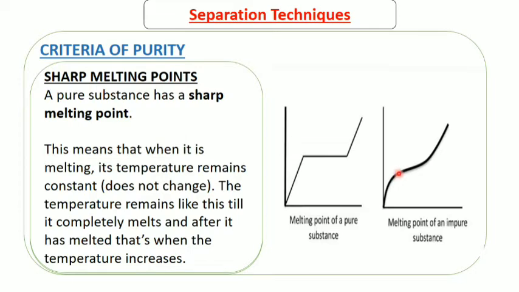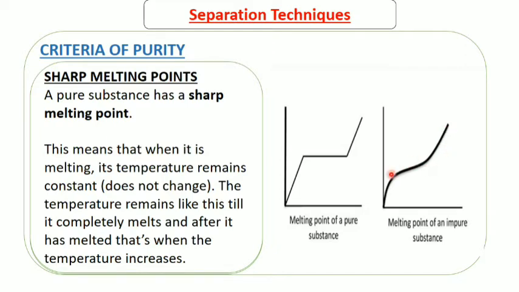As you keep on heating the substance, at a bit higher temperature, part of it is also going to melt, depending on the impurities. And again, as you keep on heating, much of it is going to melt till all of it has melted. Then after that, the temperature will be increasing with time.